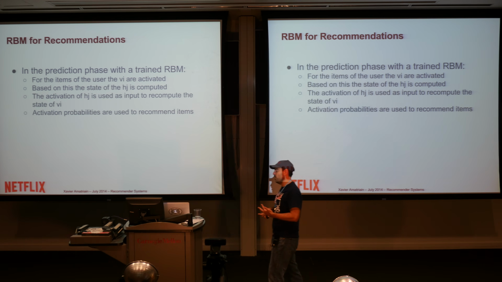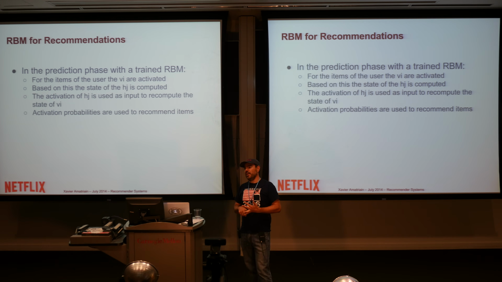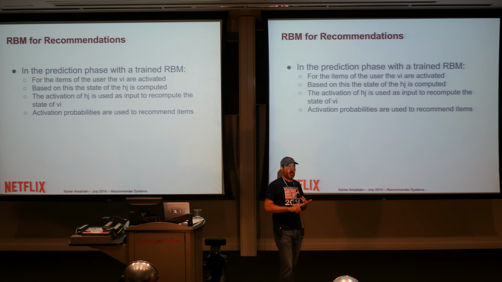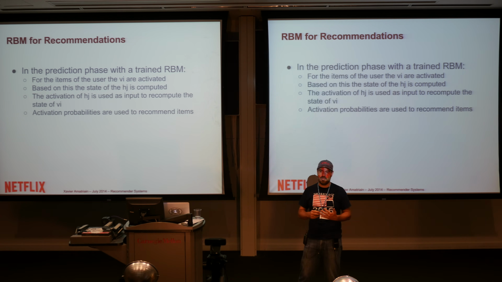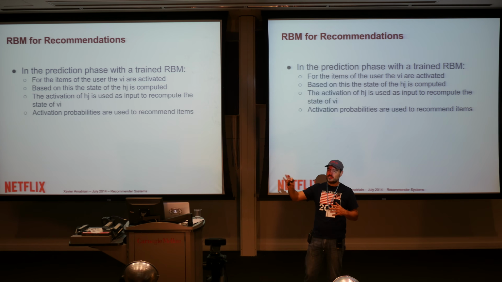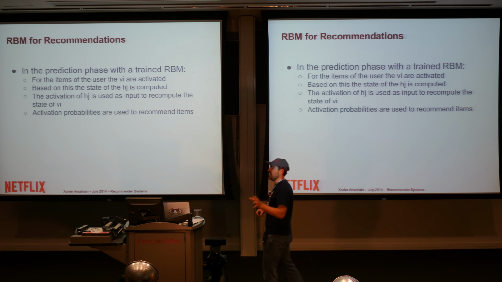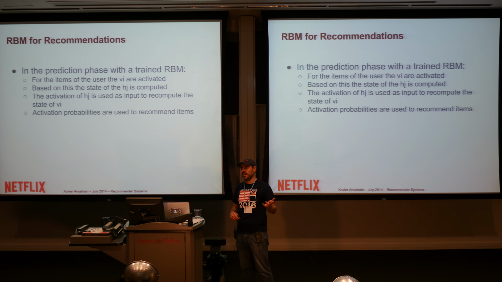That's the other interesting thing: in the case of the 5-state softmax unit, we can compute the most likely rating, but we can also have a probability associated to each of the ratings. We can say, for this user, with 80% probability we think it's going to be a 4-star rating, but with another 10% probability we think it's going to be a 5-star rating. So we can have a probability associated to each of the states, and in this case, the states are each of the values of the softmax.